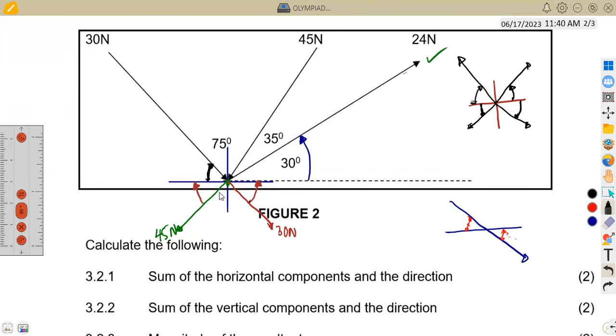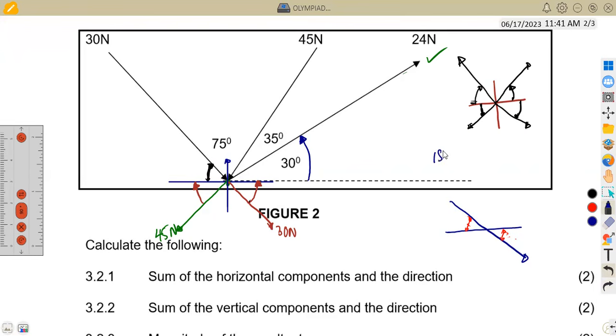This is our question. Taking note that this is a straight line, and we know that angles on a straight line add up to 180 degrees. So using this concept, we are simply going to subtract these other angles that we are given, the 30 degrees, the 35, and the 75, from 180.